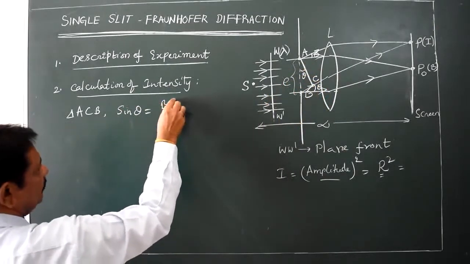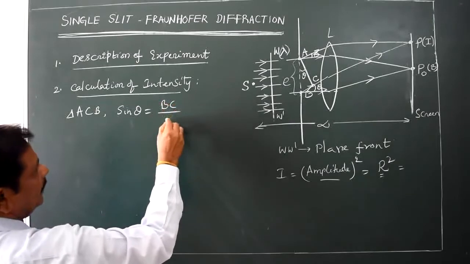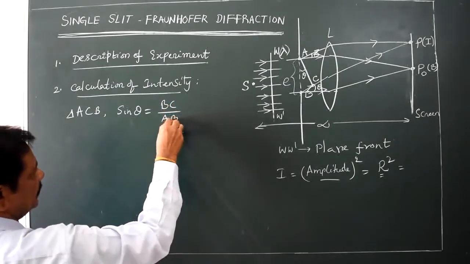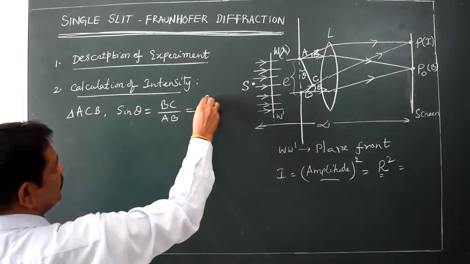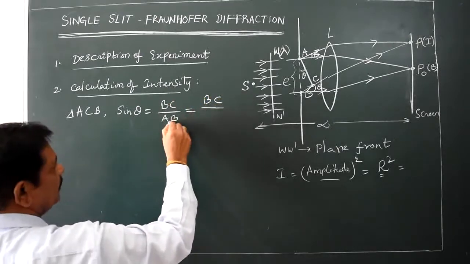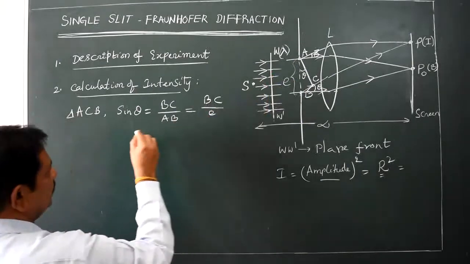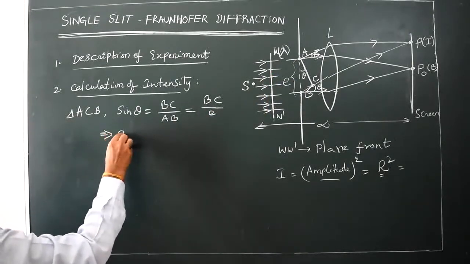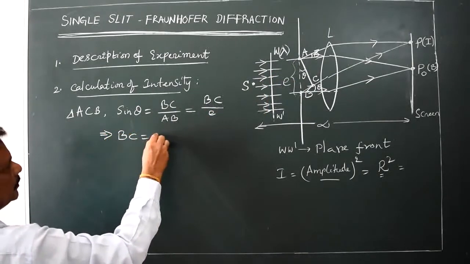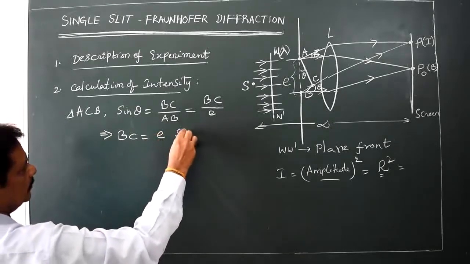The opposite side is BC divided by the hypotenuse AB. We don't know the value of BC, but AB is known. AB is the slit width e, so we can write BC is equal to e sin theta.